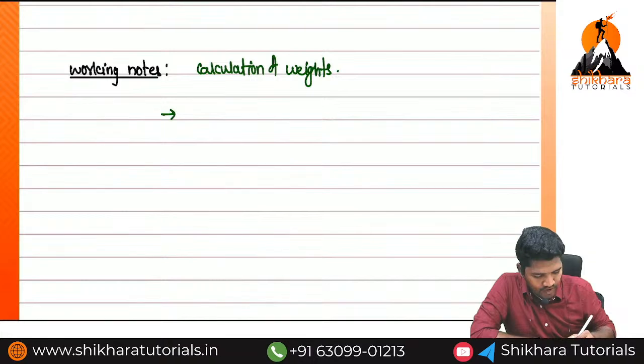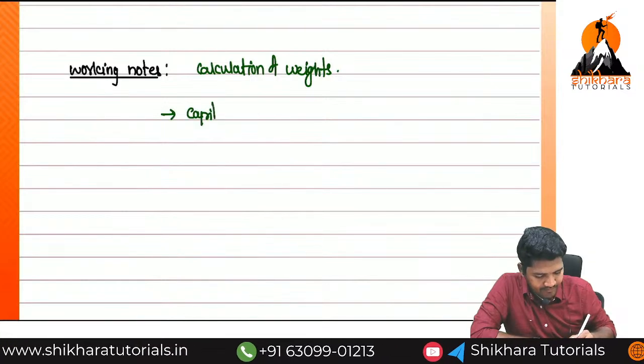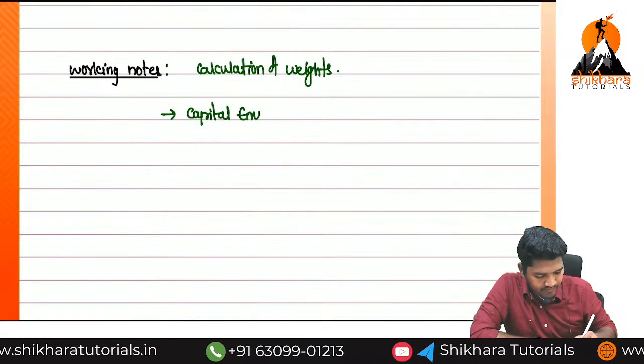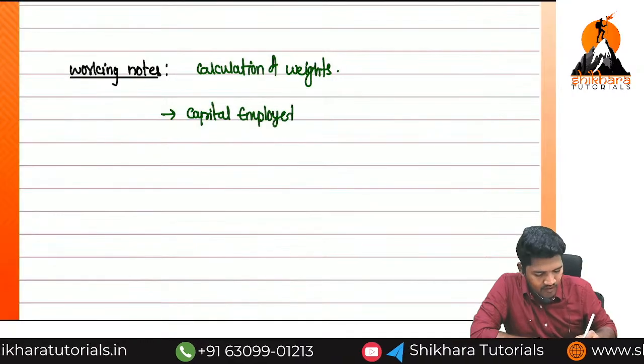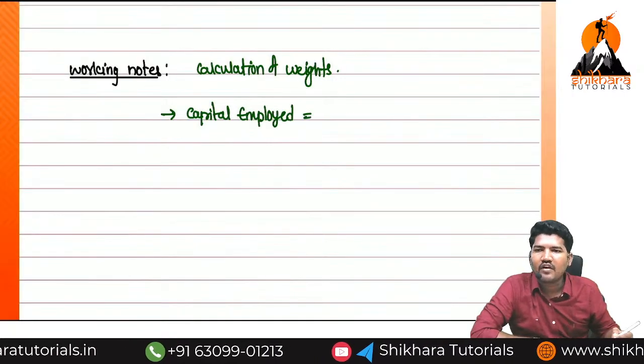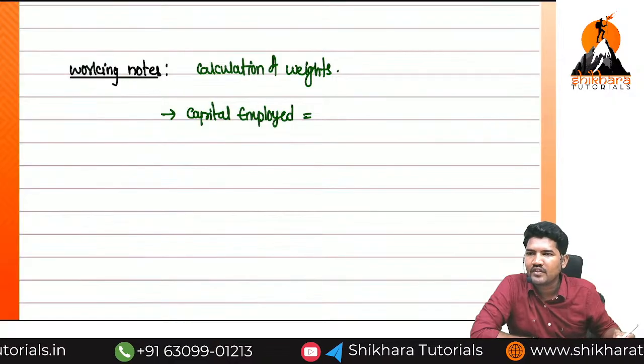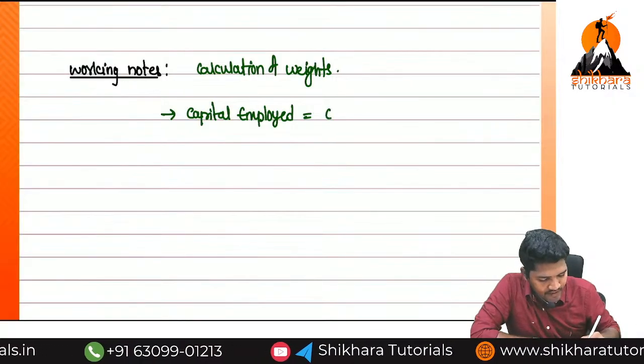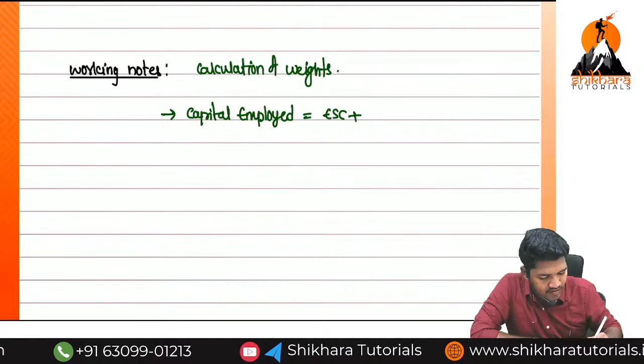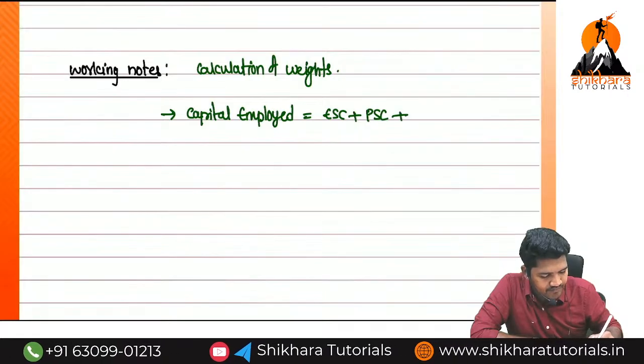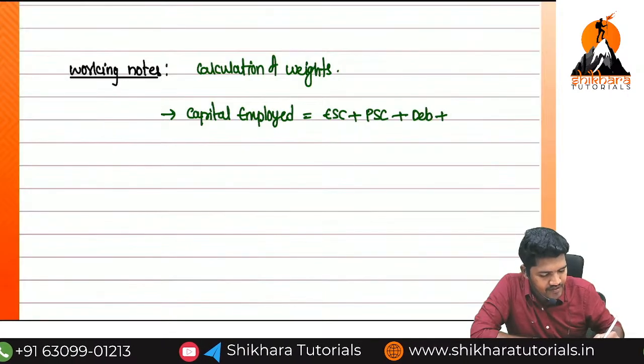On that, first you have to calculate capital employed. How do we get capital employed? The sum of all capitals is known as capital employed. Yes or no, sir? Now equity share capital plus preference share capital plus debenture plus term loan.